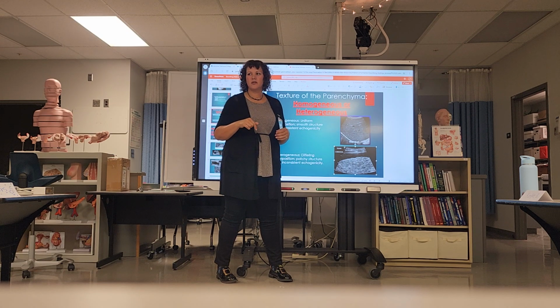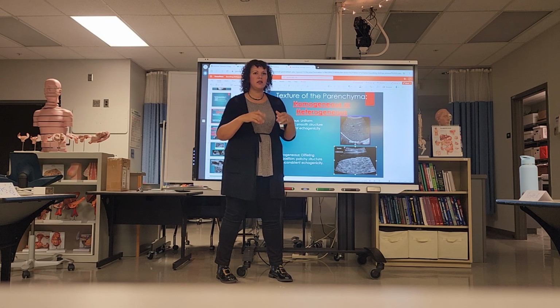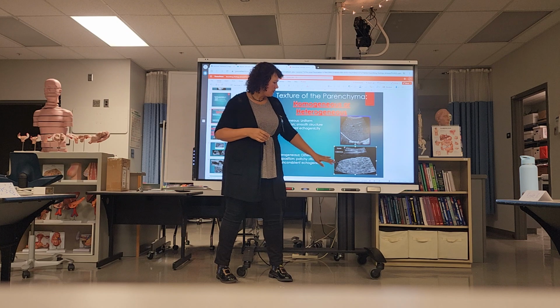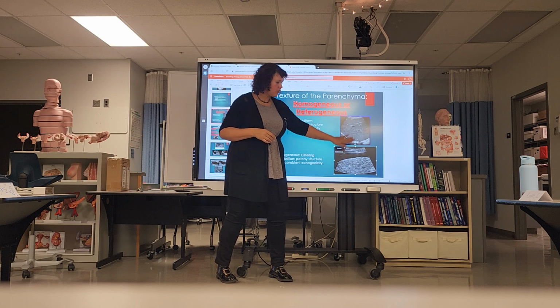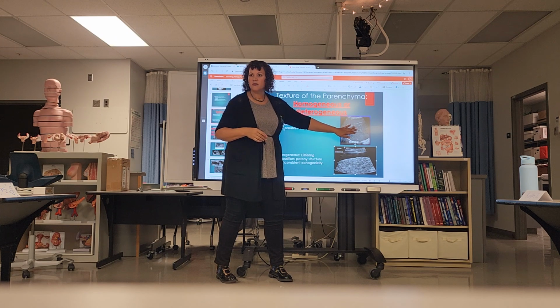It's really hard to tell the difference, okay? And I don't have any tricks other than experience. So the more that you see, the better that you'll be able to pick up on it. But can we kind of see the difference for now between this heterogeneous and this homogeneous liver?